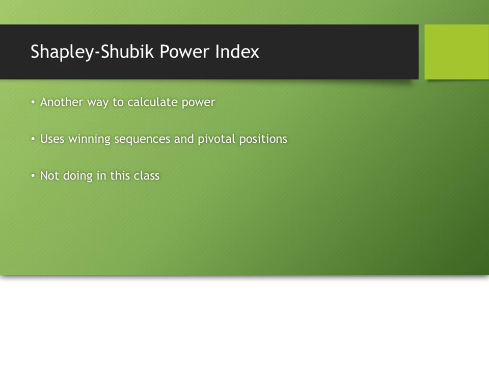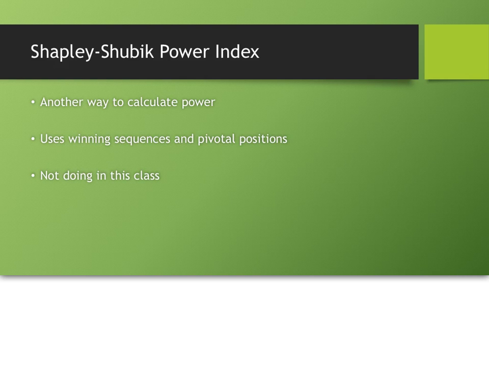All right. Now the last thing I wanted to just mention, and we're not going to do an example of this because it's just too long. If you're looking to go into manipulating and getting power, you can look into this further. But the Shapley-Shubik power index is another way to calculate it. Okay, now you're not going to get the exact same numbers as you did with the Banzhaf.